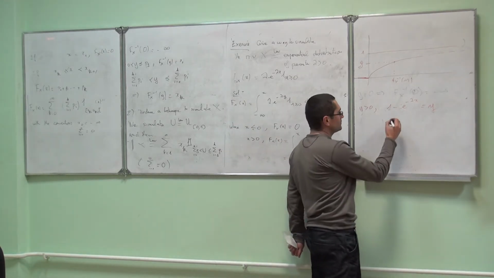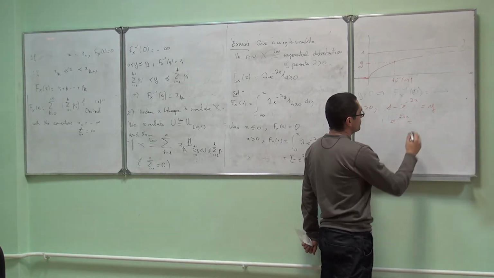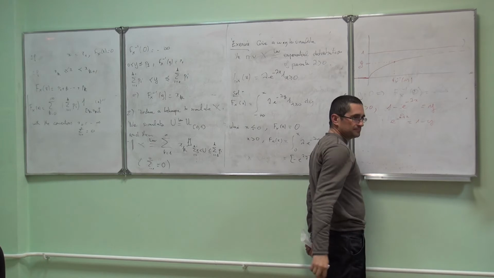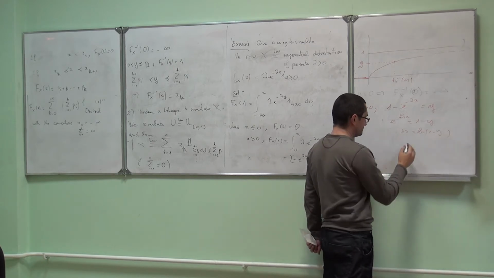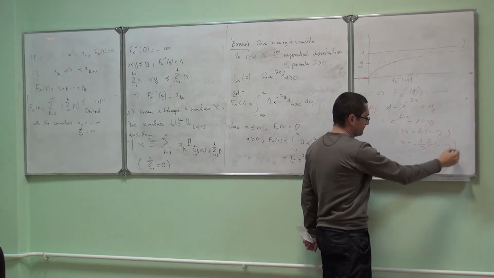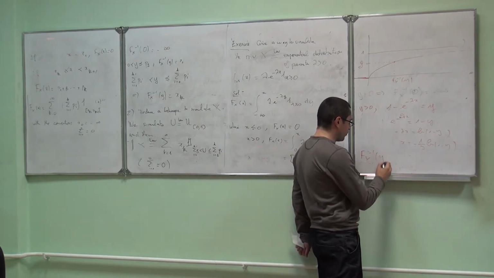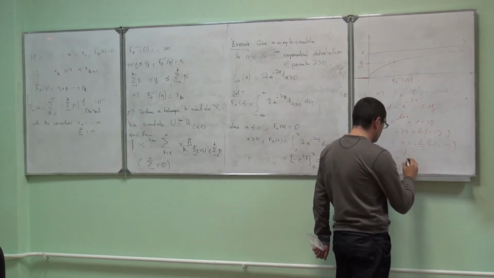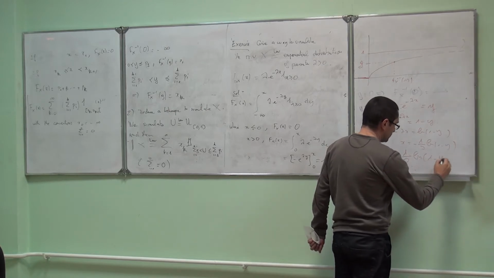It's really easy. So F_X minus 1 of y is given by minus 1 over lambda logarithm of 1 minus y.